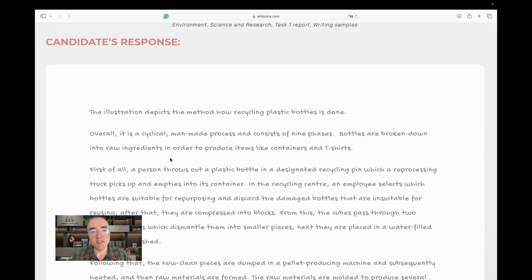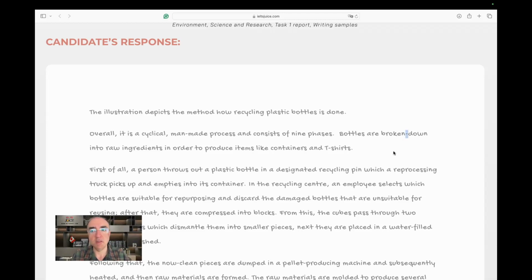Overall, it is a cyclical, man-made process and consists of 9 phases. I love that. Correctly punctuated. It's cyclical process, man-made process, and it consists of 9 phases. I like this. This is a very good opening. Really like it. Bottles are broken down.